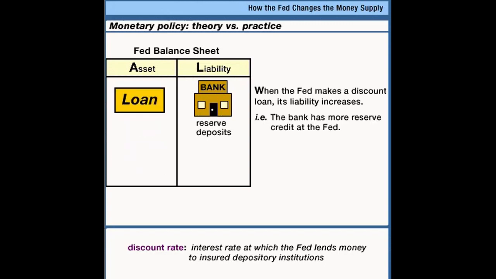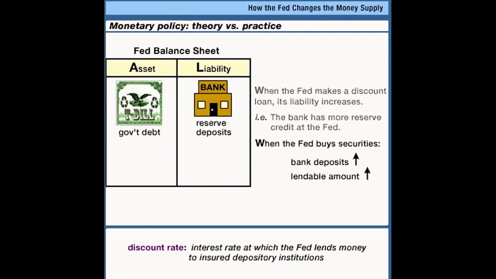When the Fed does an open market operation, say the Fed buys a government security, then the Fed acquires treasury bills. And whenever it writes a check to some trader in the public, and that trader deposits it in his bank, then the bank gets reserve credit at the Fed. Let's see now how this actually creates money by looking at a bank balance sheet that we did earlier.